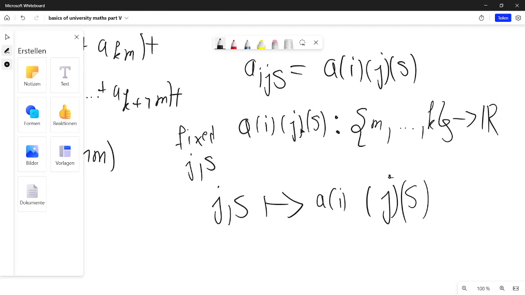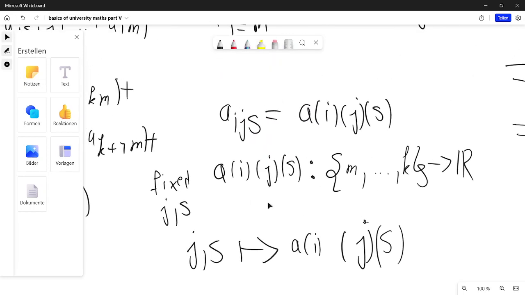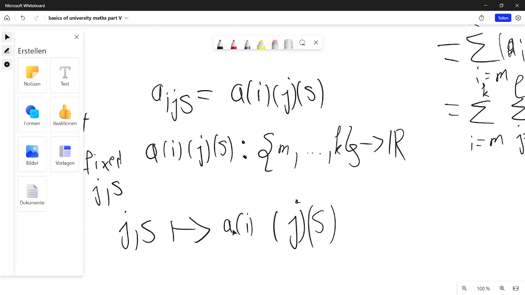And this function does something, right? And now, of course, for fixed, so another time, we have J and S, just some fixed indices, and this fixed J and S gives us a function for each J and S fixed.